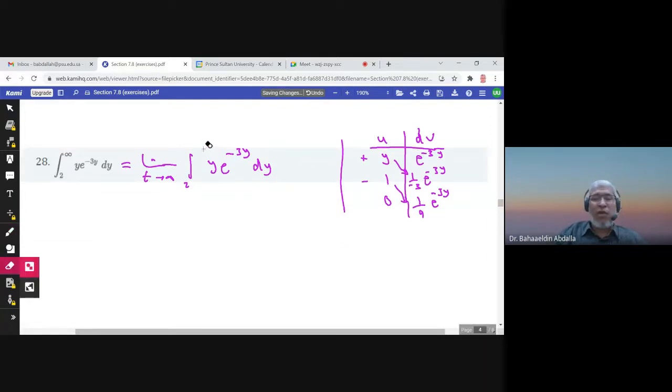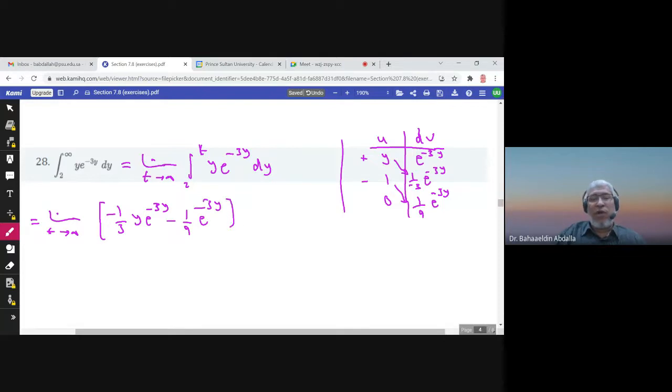Here I do not write infinity, I write t. So it would be the limit as t approaches infinity of negative 1 over 3 y e to the power negative 3y, minus 1 over 9 e to the power negative 3y, from 2 to t.